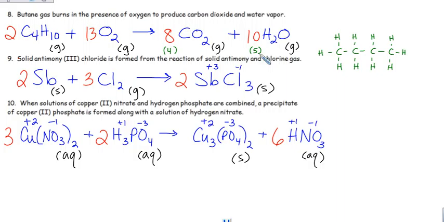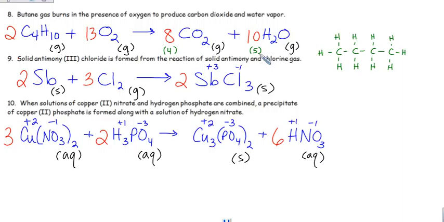But then I ran into an issue with the oxygen. On the reactant side, I'm only going to have even numbers of oxygen. But on the product side, that 5 waters will give me an odd number of oxygen. I had 5 oxygen from the water and 8 oxygen from the carbon dioxide. I'm never going to be able to balance an odd number of oxygen on my reactant side.